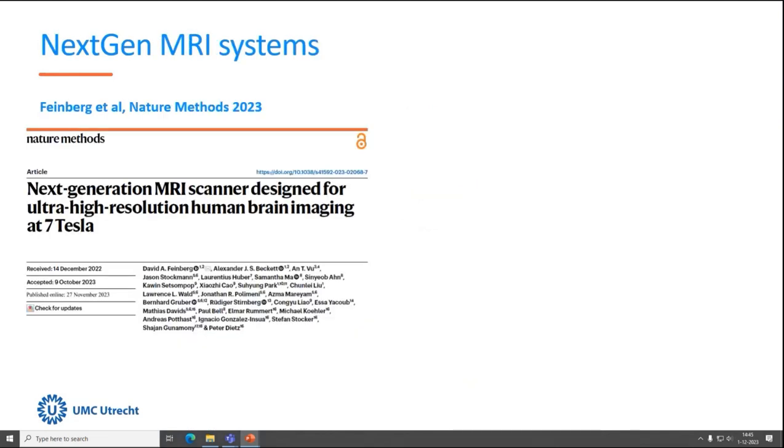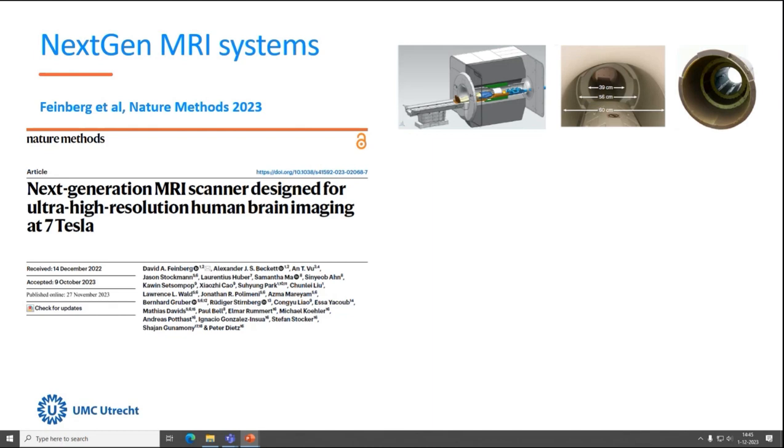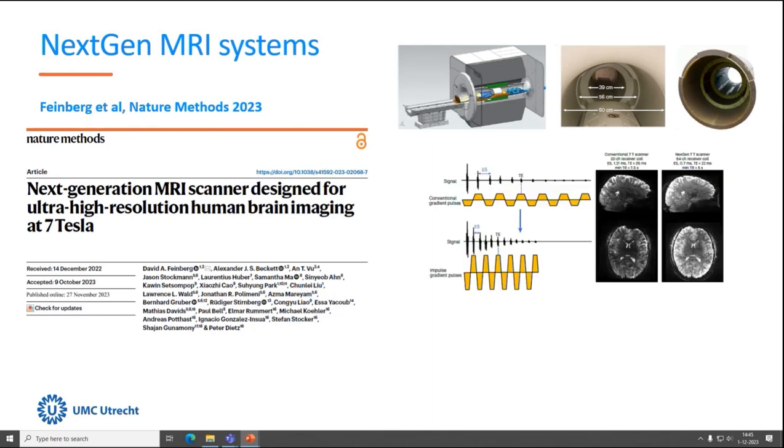Also, high-performance gradients are now very popular, for instance, for the new generation of MRI scanners. This just got published, I think, almost two months ago already. Maybe you've seen it in Nature Methods, from our friends from the Feinberg group. They also have a very high gradient system at 7T.